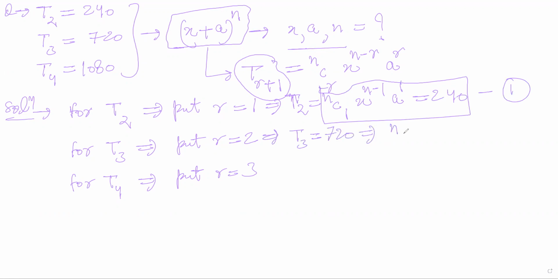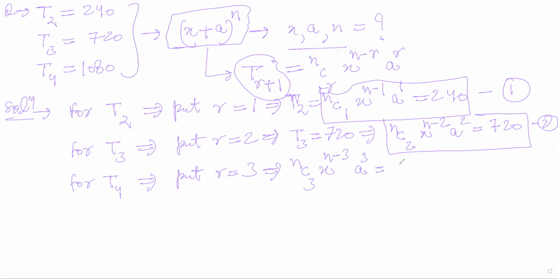Hence, NC2 x to the power n minus 2 a square is equal to 720. This is your second equation. You got 3 variables and you have 3 equations. Simplify them to find out x, n, and a.